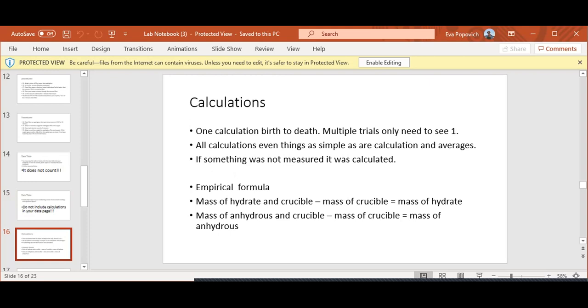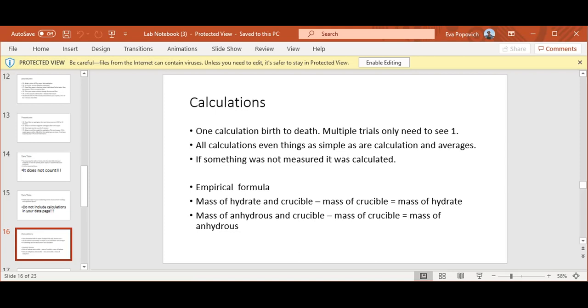A calculation section will take your calculations from the measurement part to your final answer. That's birth to death of that calculation. I need to see every one, even if it's something as mundane as an average, even if it's something as mundane as subtracting the crucible weight from the weight of the hydrate and crucible.